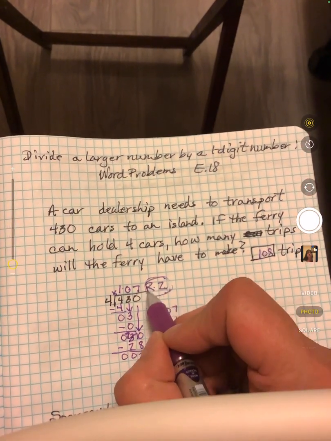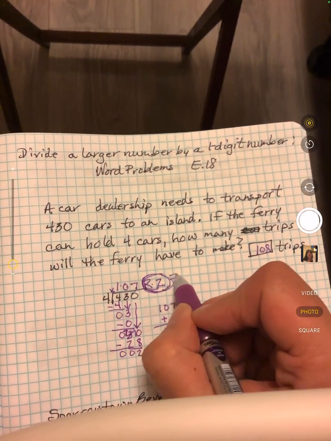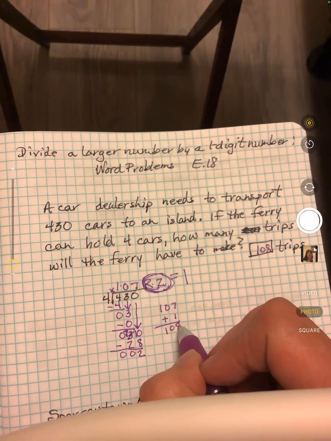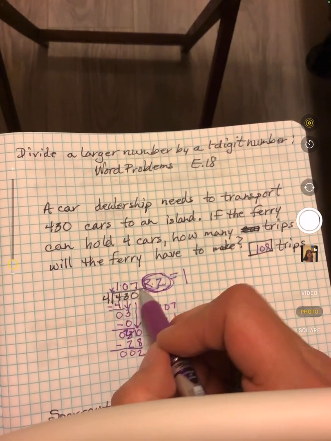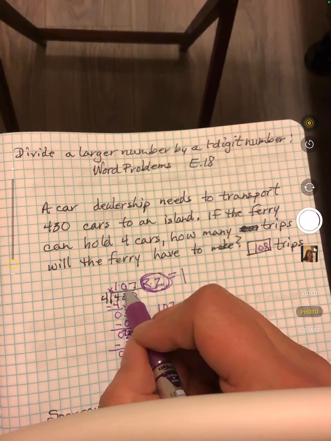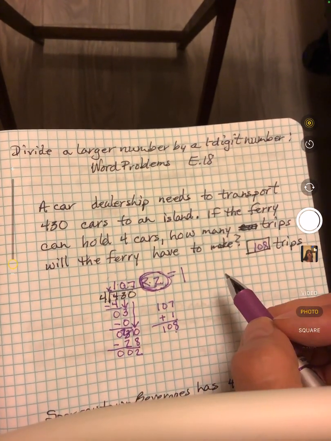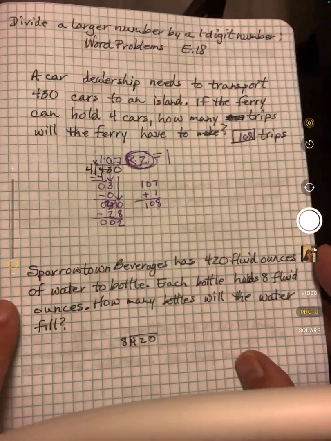Because you have to account for the remainder. That counts as one round. That counts as a trip across. So you have to add that on to there. Okay, if you have a remainder, you have to put one more than what this would be. Okay, we'll run into that again.